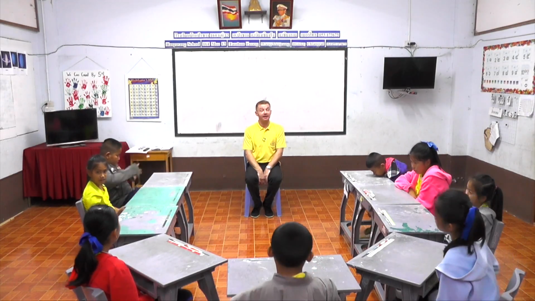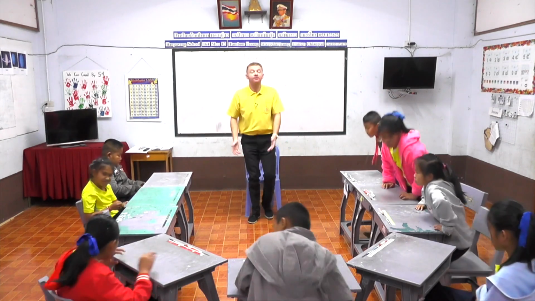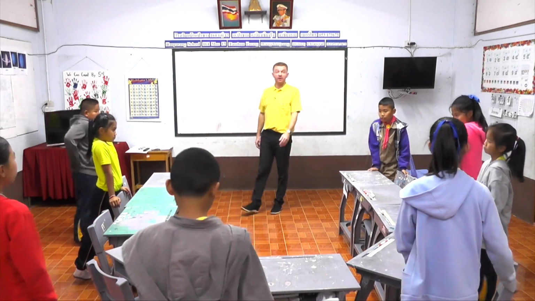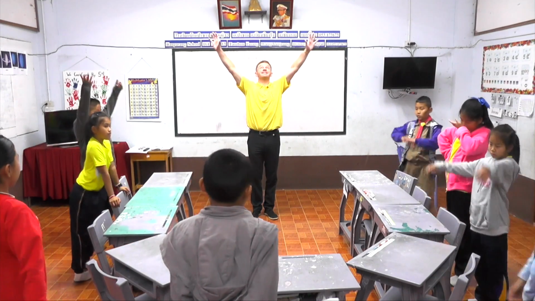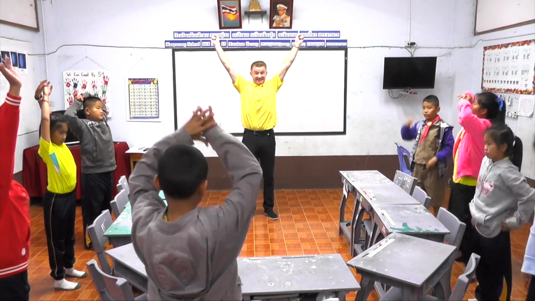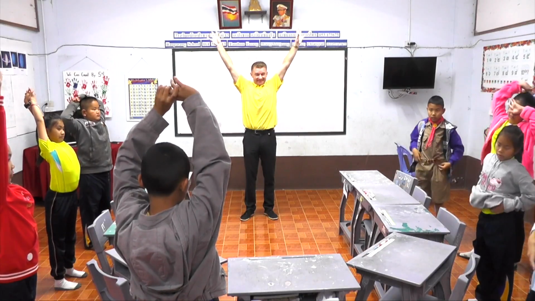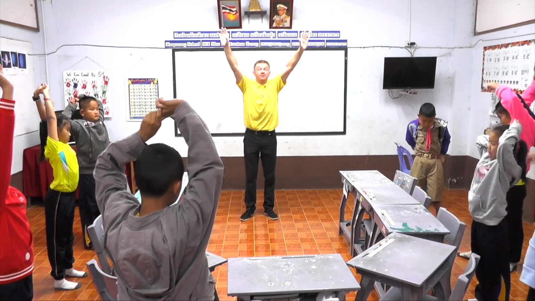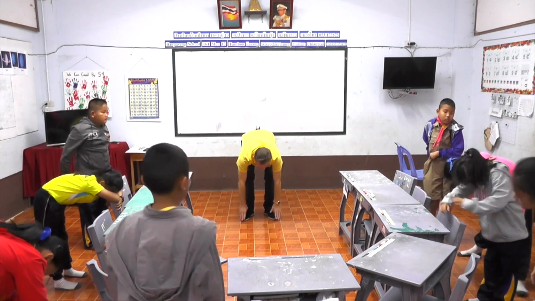Excellent. And next we'll do our stretch sequence. So let's stand up and push in our chairs. And we can begin by stretching up high to the sky. High as we can. And then let's go down low. Touch our toes.